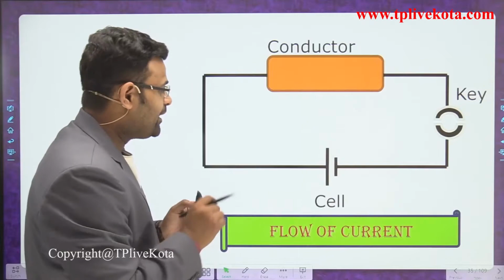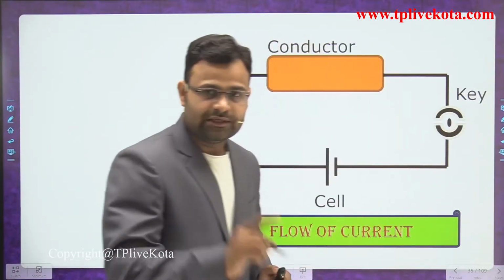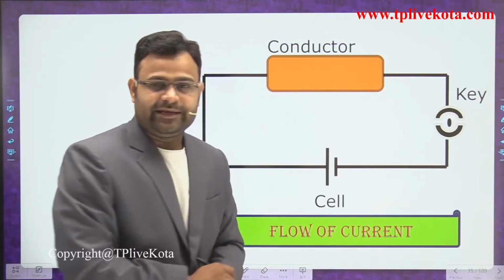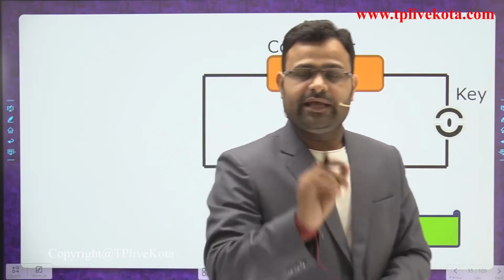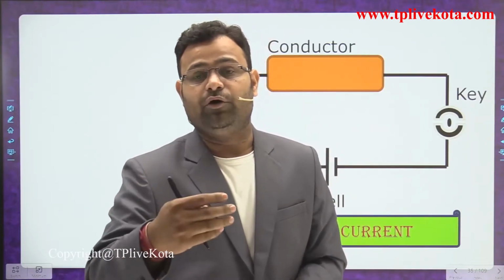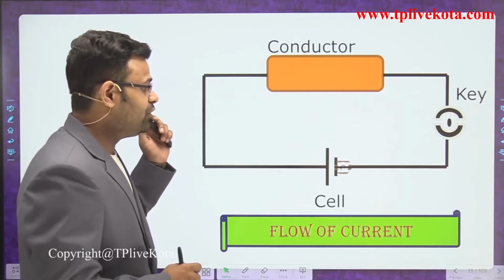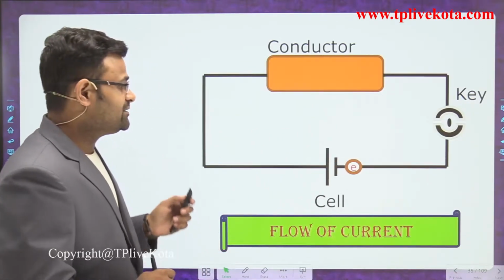So if you apply, that is, switch on the switch, what happens? A battery or cell has some positive and some negative potential. Negative potential means it has an excess amount of electrons. So that excess of electrons comes to the negative potential and starts to move.